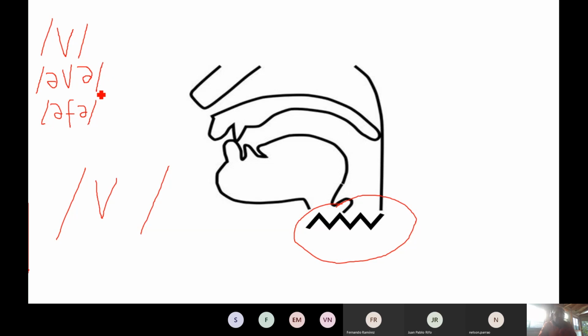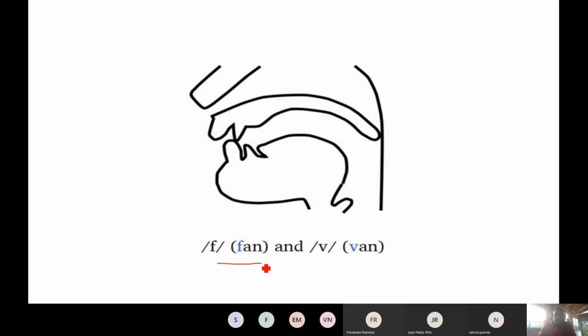So if you hear this in a recording or watch it in a video, it's the same thing. They are just isolating the sound in between two quite neutral sounds, which are the schwas. But if we produce this isolated, individually, it's v. Okay. So you said v, and perfect.